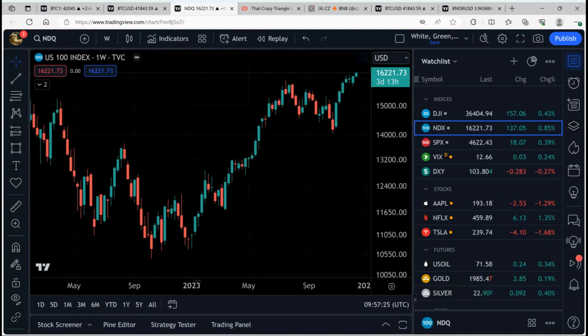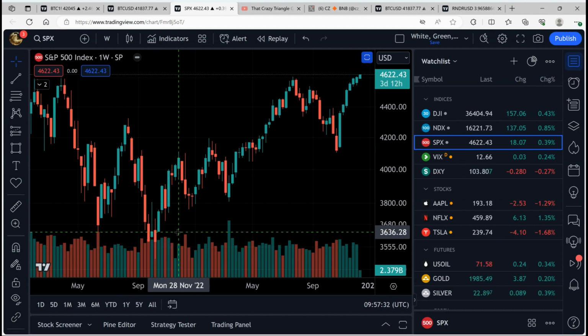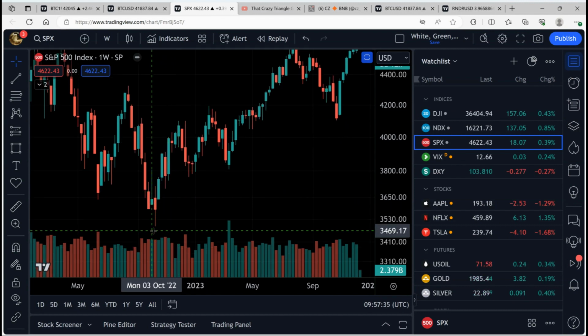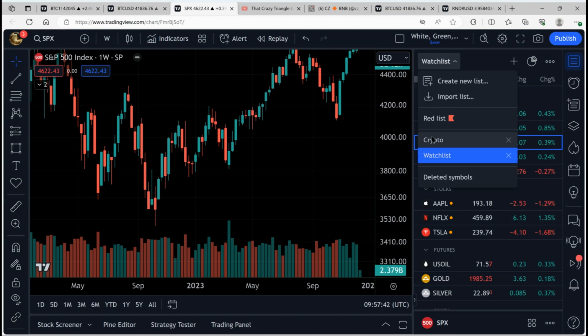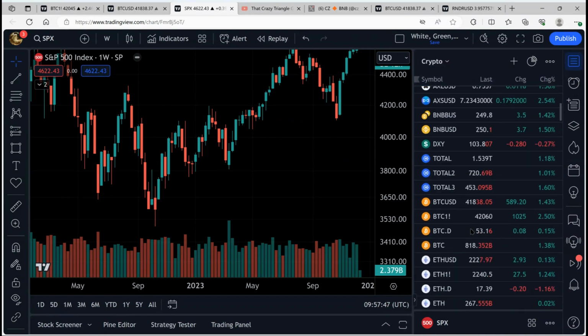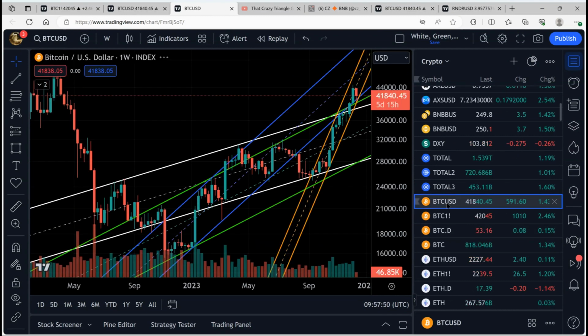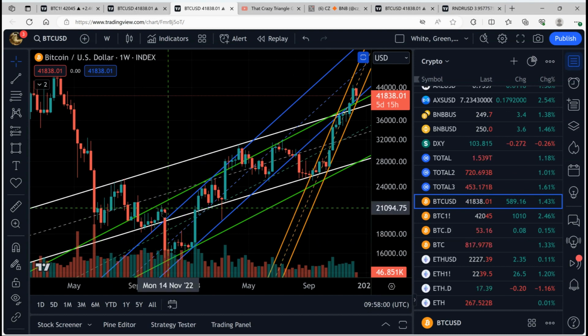Nasdaq, October 10th, bottom of the market. S&P 500, October 10th. I wish the volume would get out of the way. Bottom of the market, very clear to see. The only reason it wasn't the bottom of the market in the crypto world was because of the Terra Luna and Celsius and Voyager and all that crap that went on back here, and because of the FTX Black Swan.